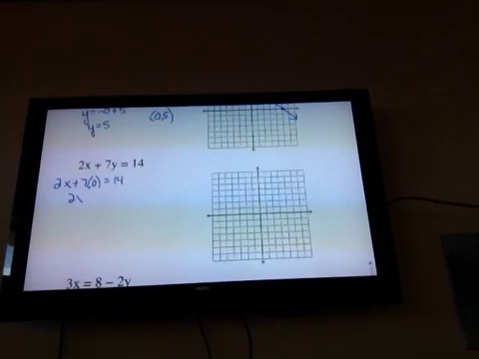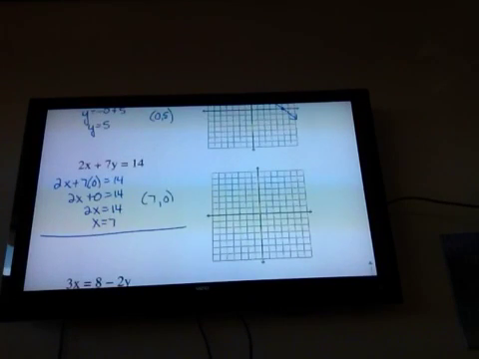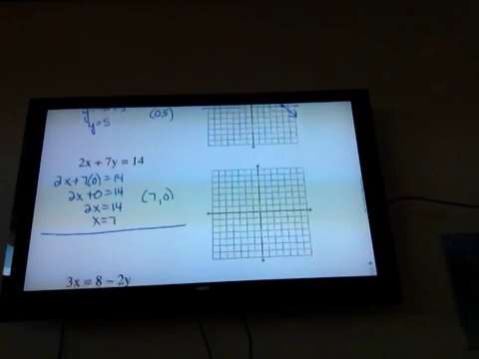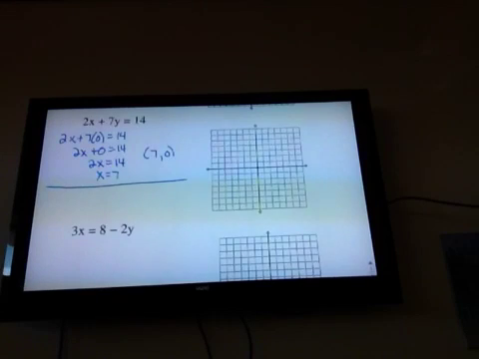So 2x plus 0 equals 14. 2x plus 0 is just 2x, is 14. Divide by 2, and x is 7. So 7, 0 is my X-intercept. Then I put 0 for x, and I do the same thing.